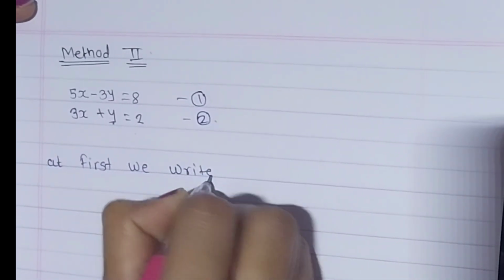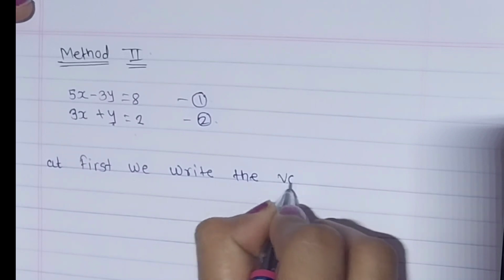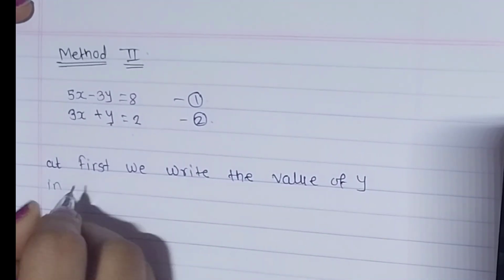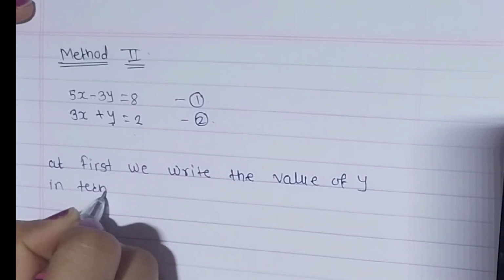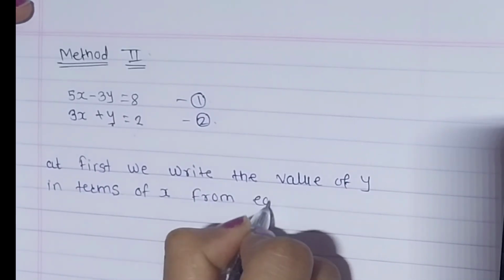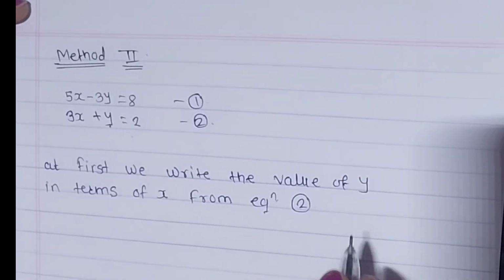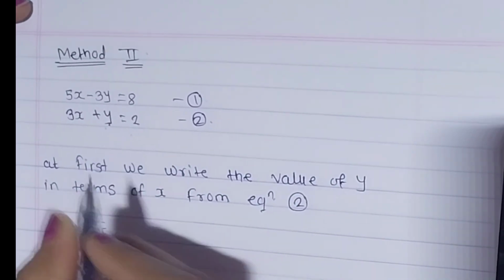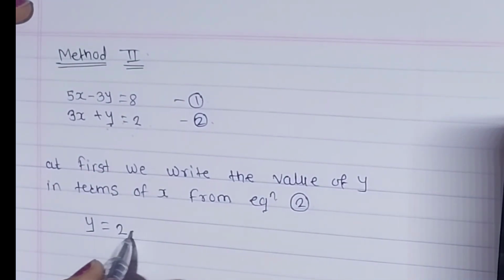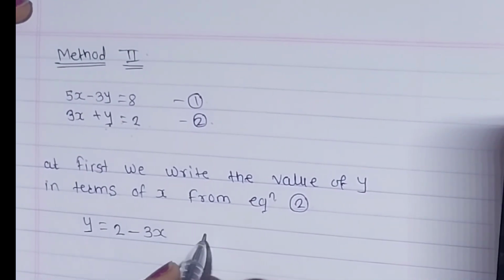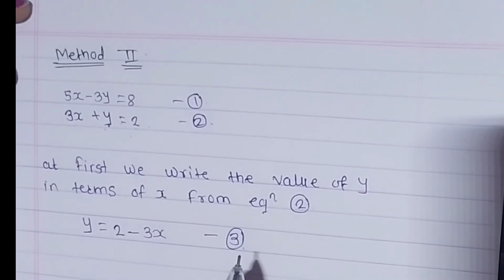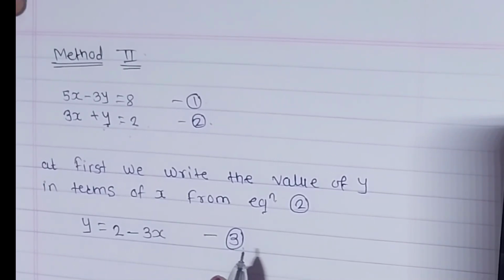So at first we write the value of y in terms of x from equation 2. From equation 2, y is equal to 2 minus 3x, and give number 3 to this equation.